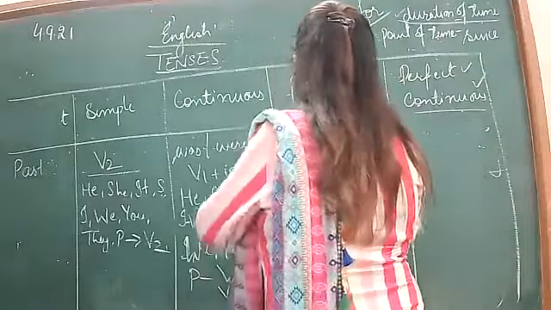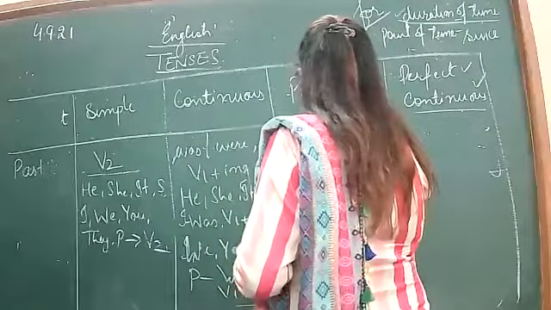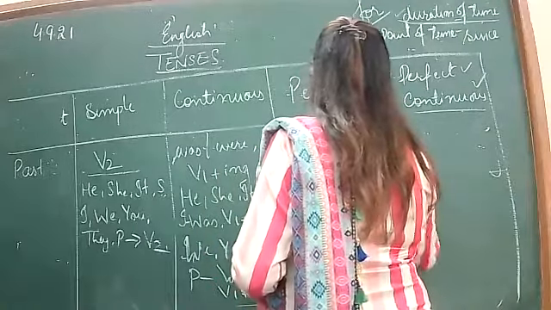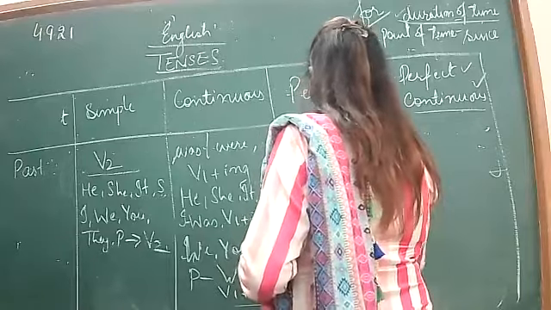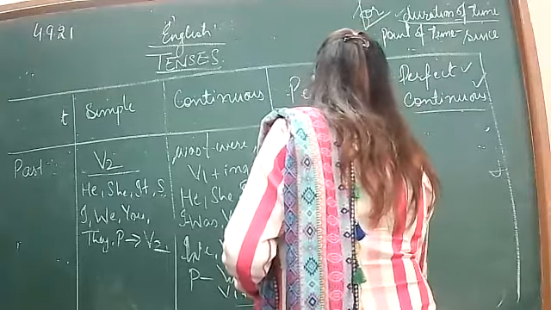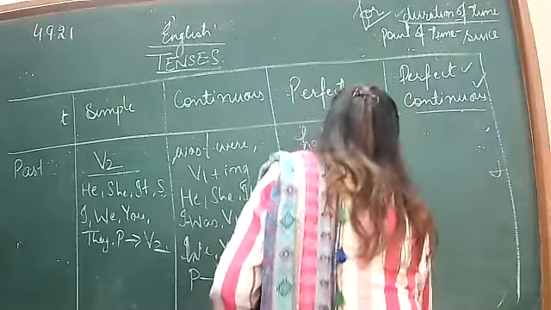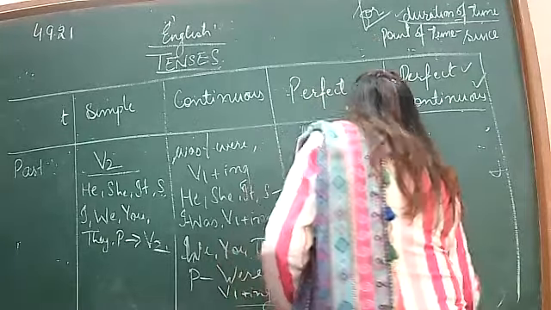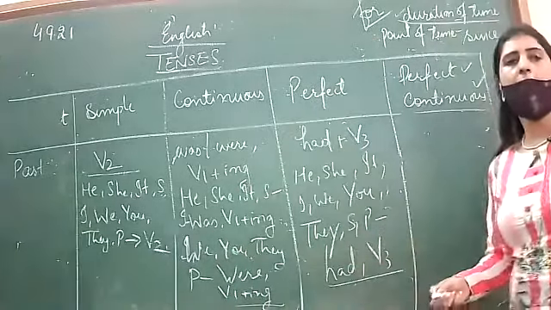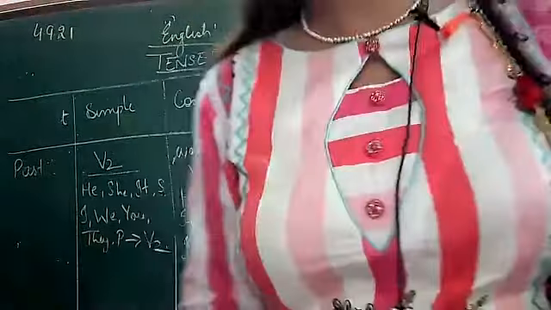Had plus third form of the verb with all: he, she, it, I, we, you, they, singular and plural. Had and third form of the verb we are always using.